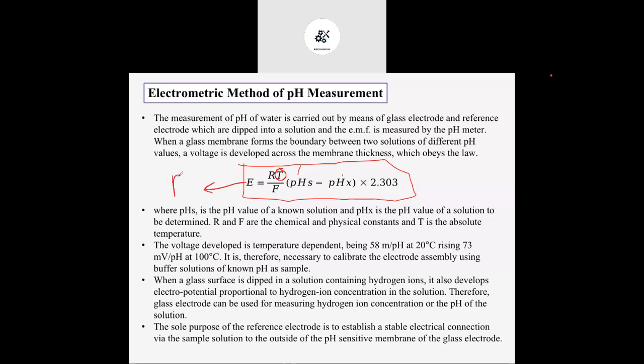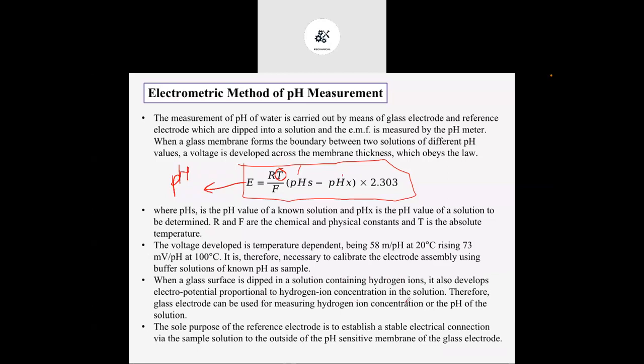As temperature varies, the EMF generated inside the circuit will vary, and it will directly affect the pH value, because the EMF generated inside the solution indicates the pH value. So that's why we have to maintain the temperature.